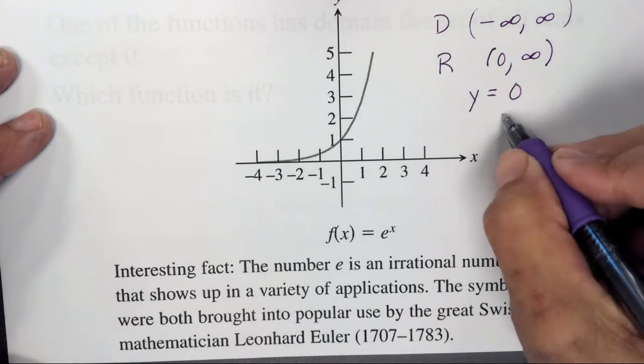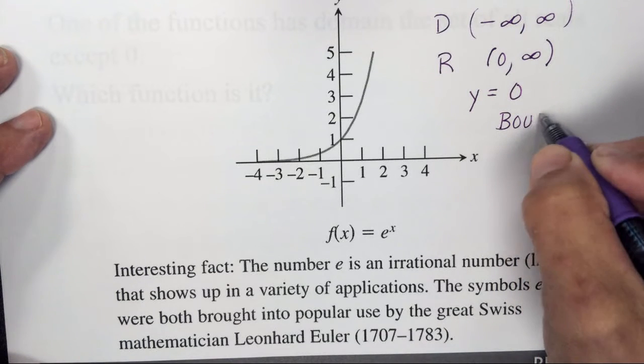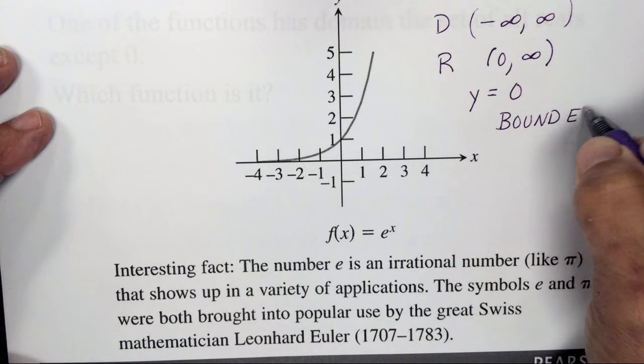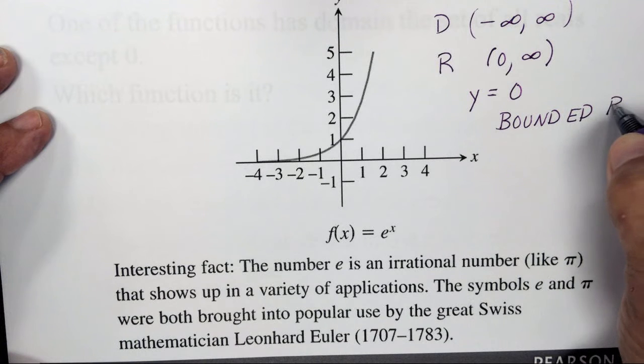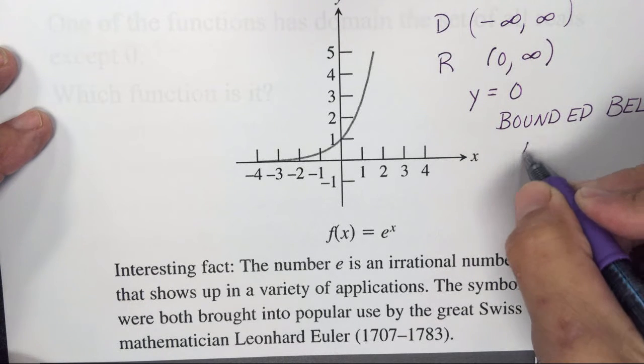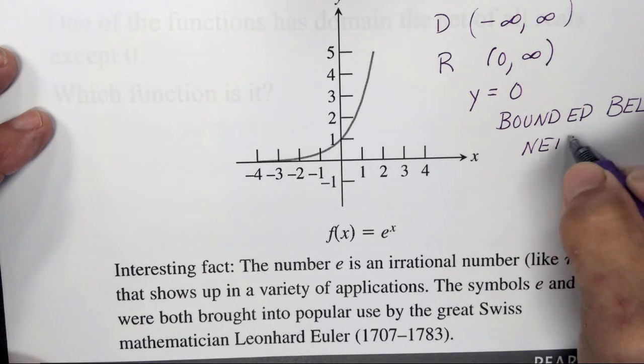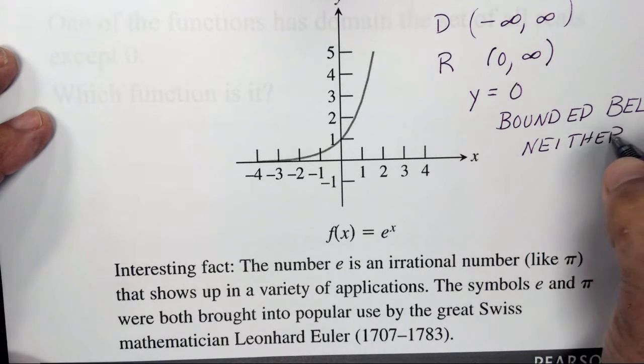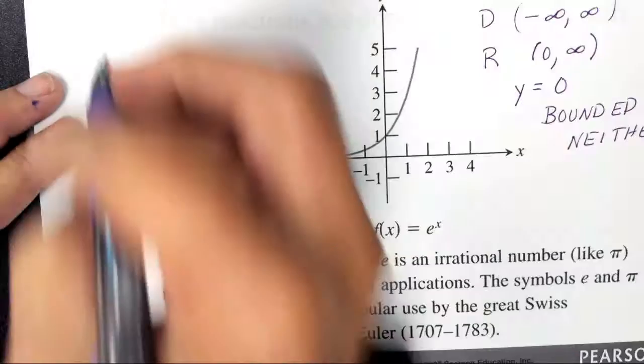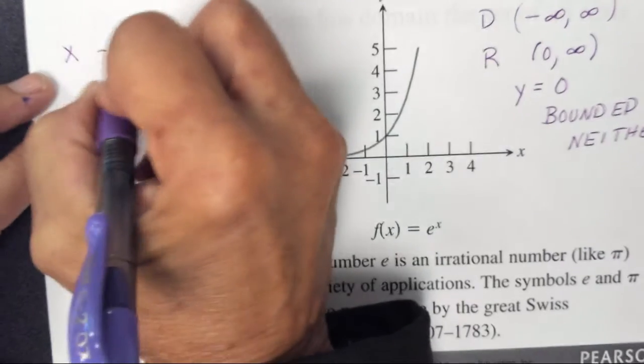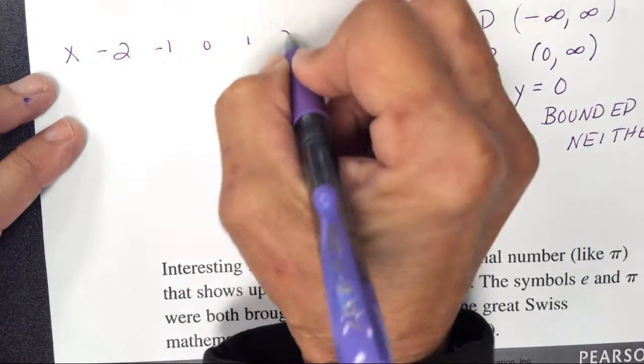It would be bounded below. Odd, even, or neither? Neither. Is it okay for me to let my x be -2, -1, 0, 1, and 2?